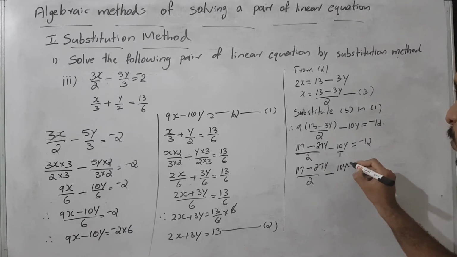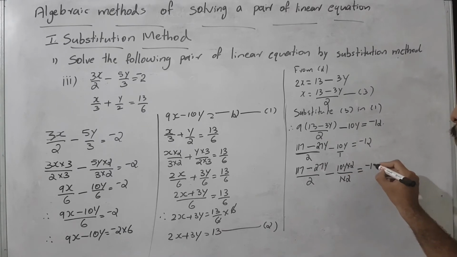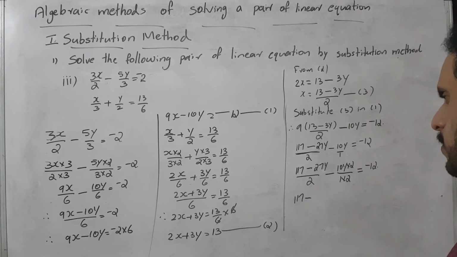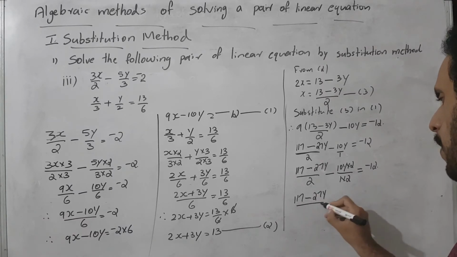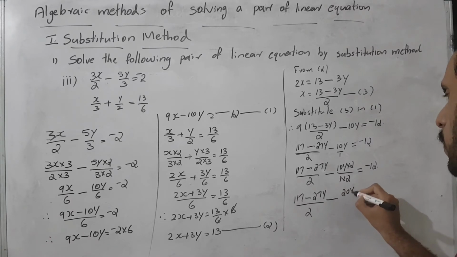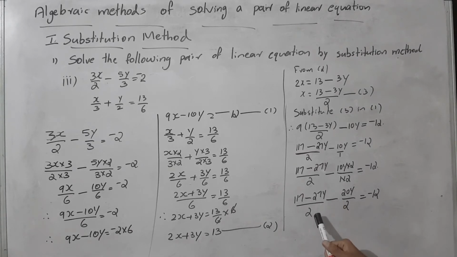Then 10y into 2 by 1 into 2 is equal to minus 12. 117 minus 27y by 2 minus 20y by 2 is equal to minus 12.